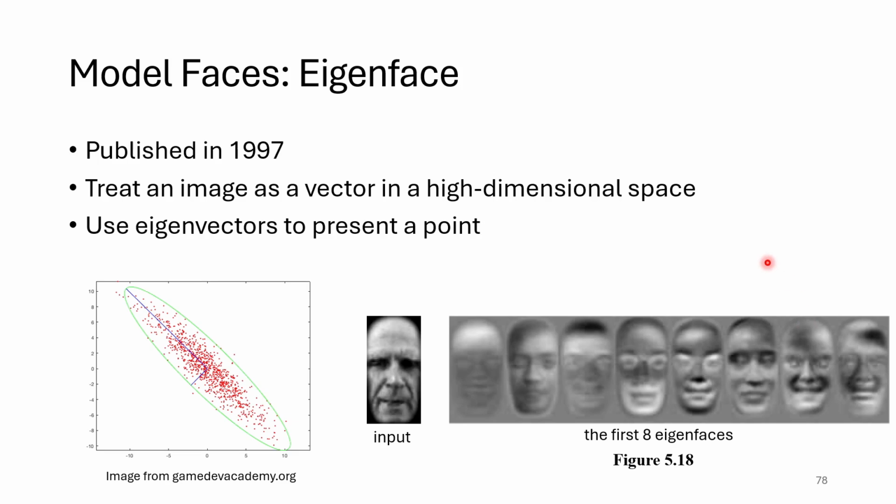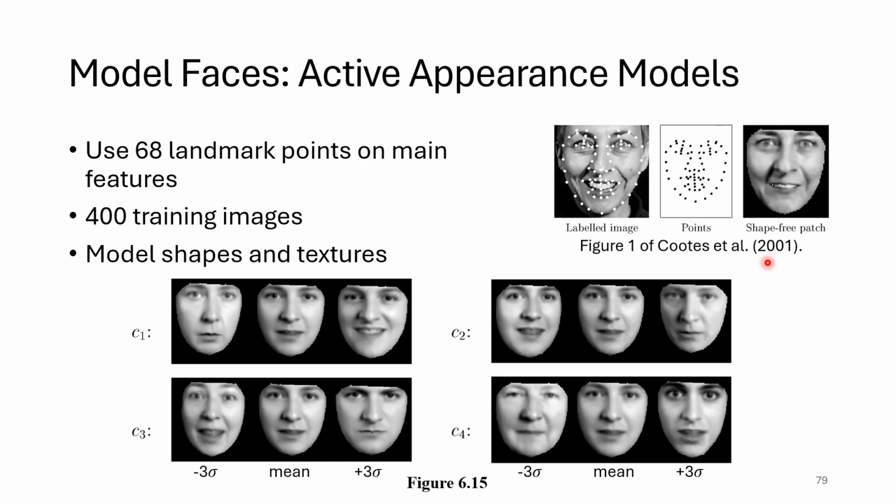So given a face image, they decompose it into 8 different axes. They can use the 8 component images to reconstruct a certain type of images and reduce the dimension of the vector.